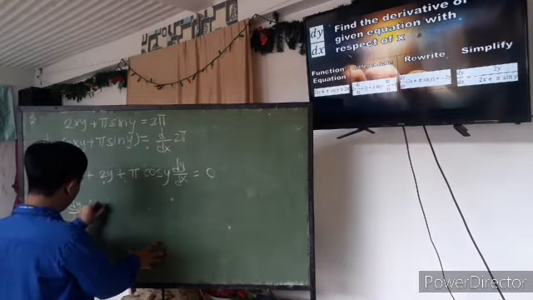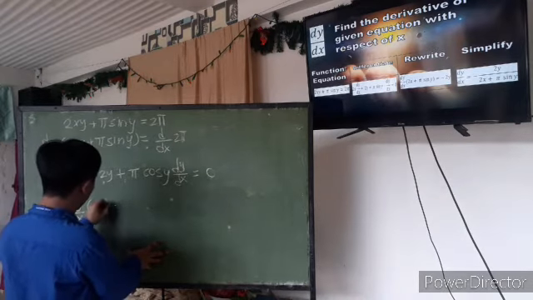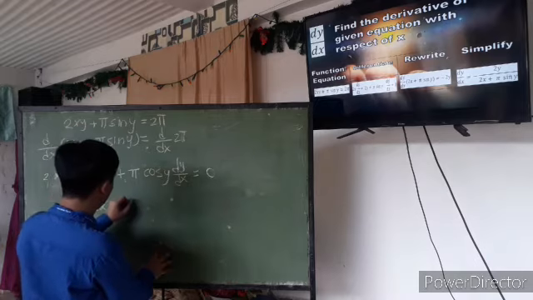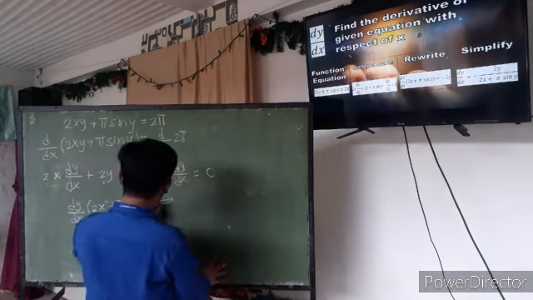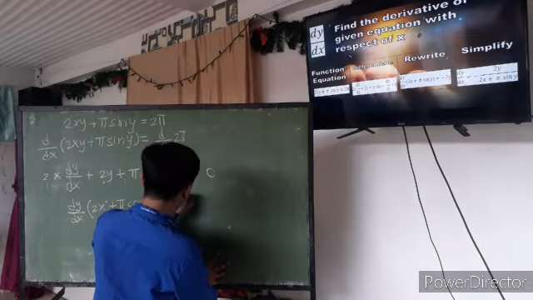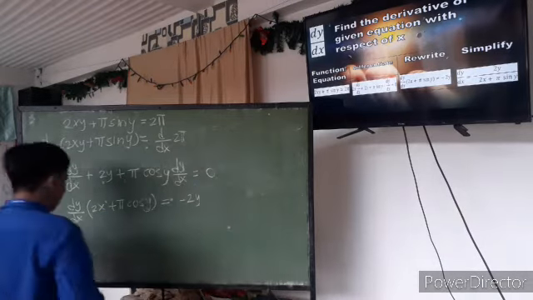The 2 pi x plus pi cos y. Then the 2y becomes negative 2y.